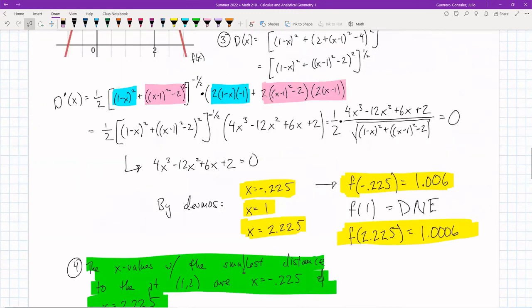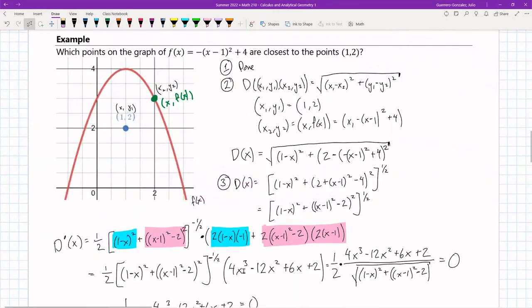Let's go back up here and draw it in with orange. It's pretty much right where we guessed it, about right there would be the closest, and the same thing over this way. Pretty darn good, right?